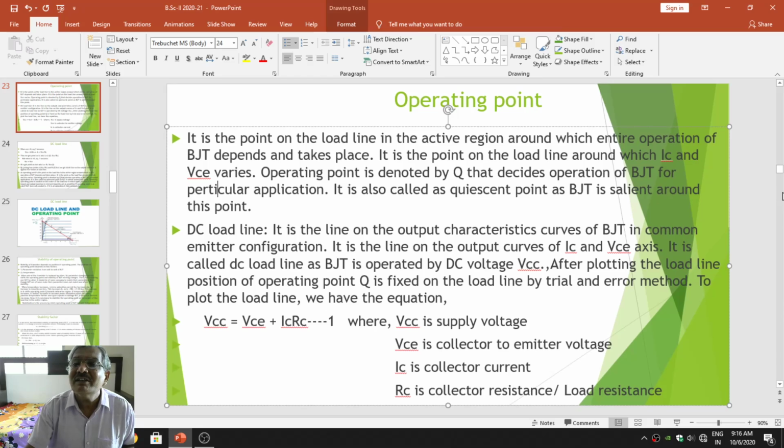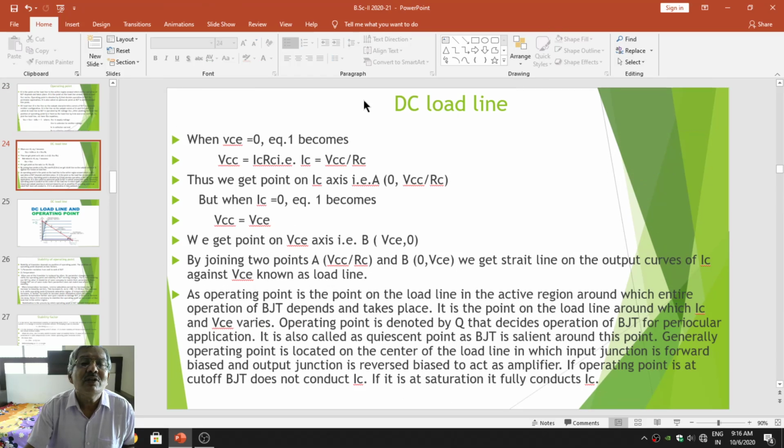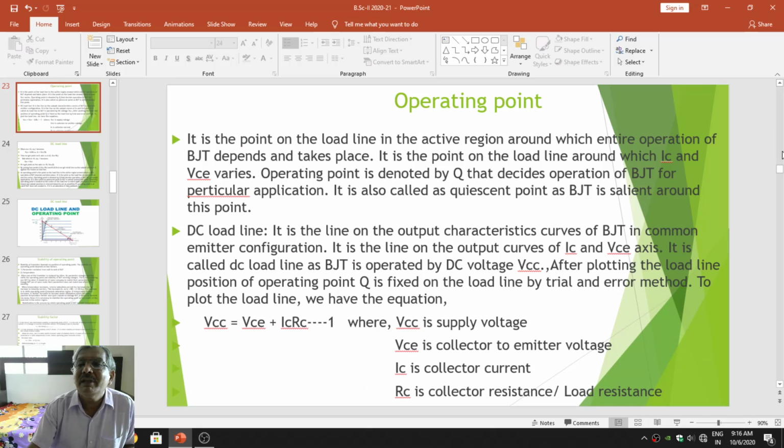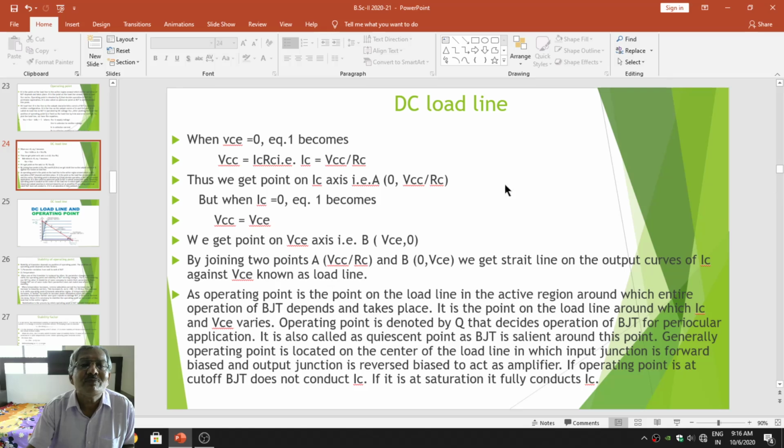To proceed further, if we put VCE equal to 0 in equation 1, we get VCC equal to ICRC.